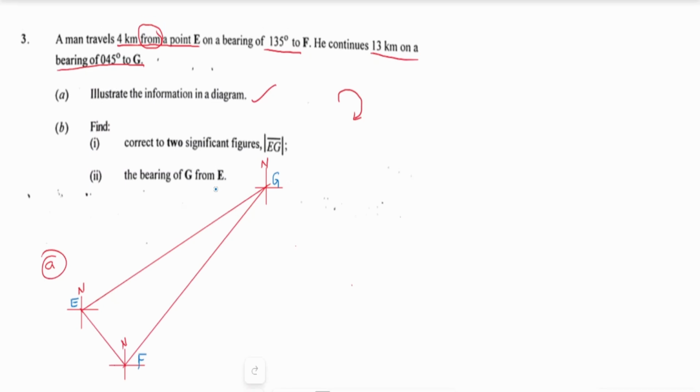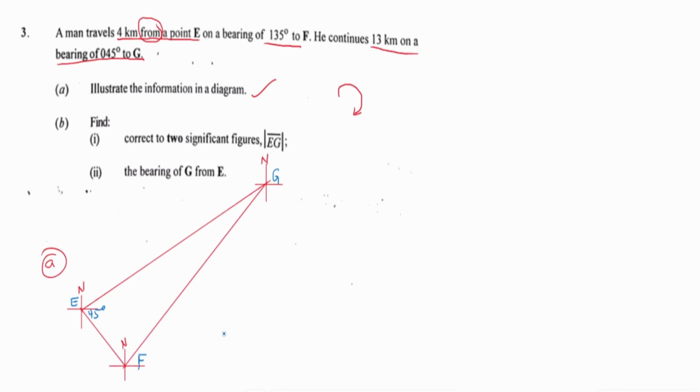So I said earlier that bearing is a clockwise direction from the true north. So that means from the north here, all the way to this line is 135 degrees. And that means that this small angle here is 45 degrees, since from the north to the east is 90 degrees.